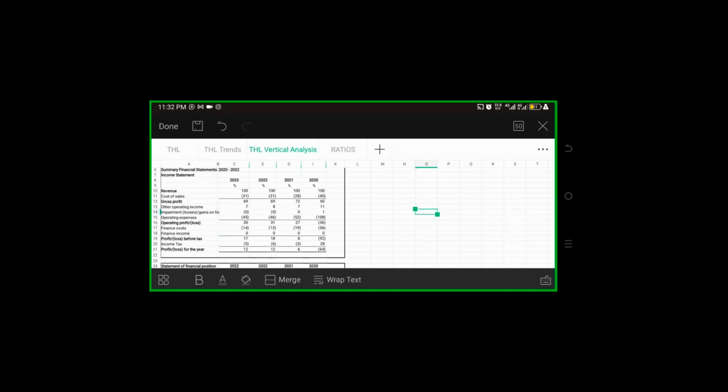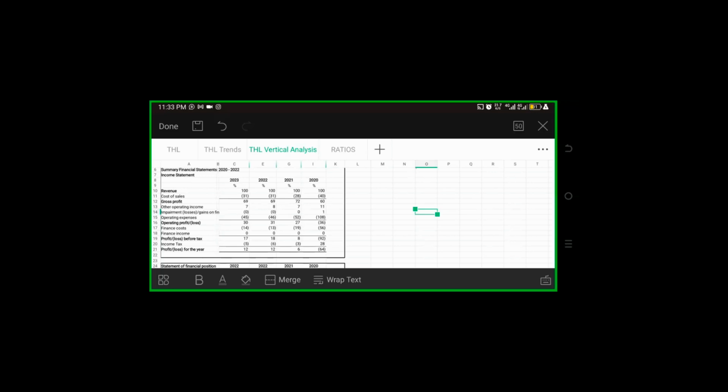So we can see it's not really because of COVID-19, though it has its own impact. But in 2021, if they spent 52 naira on operating expenses, you see that they still have about 8 naira to cover other costs. Although they would still make a loss because their finance cost is still there, they will have 8 naira left.